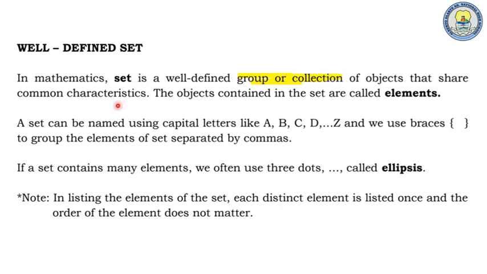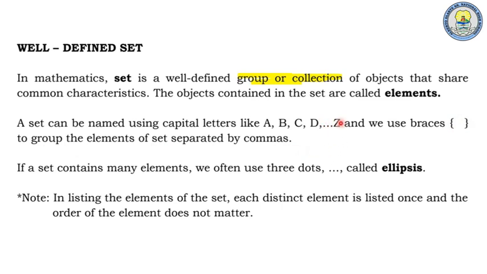Understand? A set can be named using capital letters like A, B, C, D, up to Z, and we use braces, open and close braces, to group the elements of the set, separated by commas.